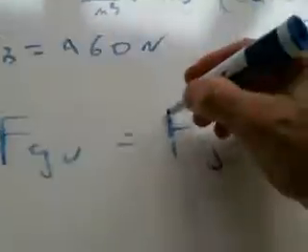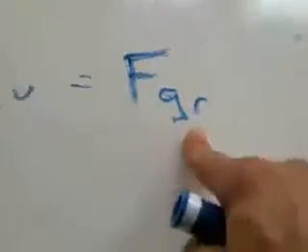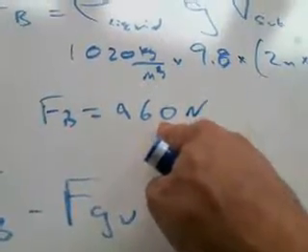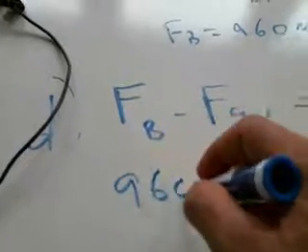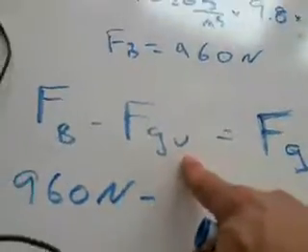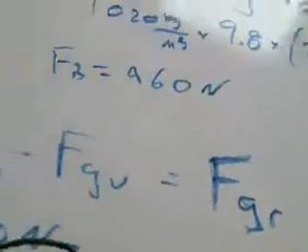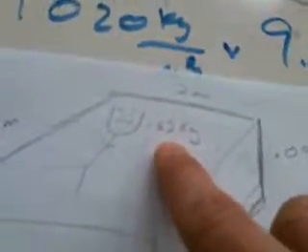So what does the weight of the raft then equal? The force gravity of the raft. Well, that buoyant force is 960, which is what we just calculated, the FB. So we have 960 newtons minus the gravity of you. And if you remember, the first part of the problem said that your mass is 62 kilograms.